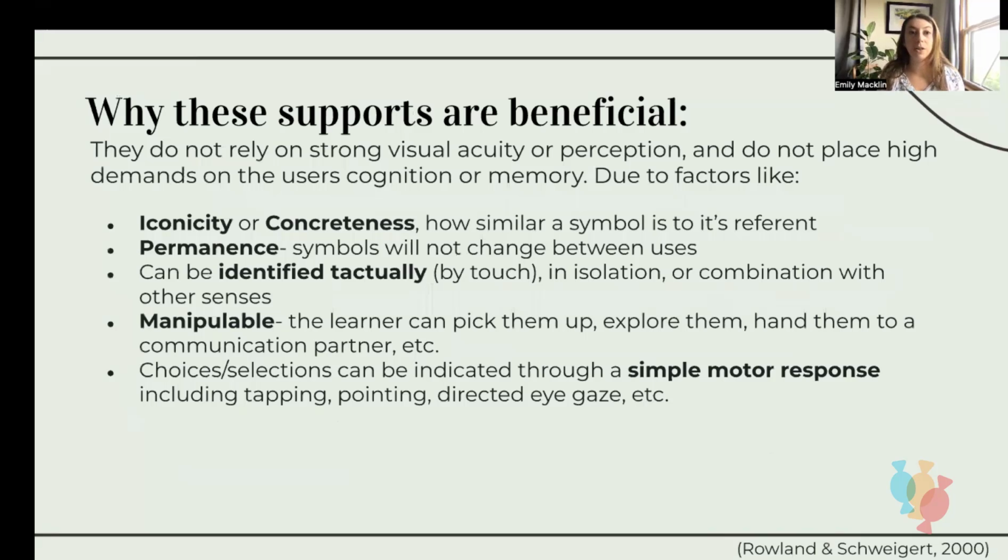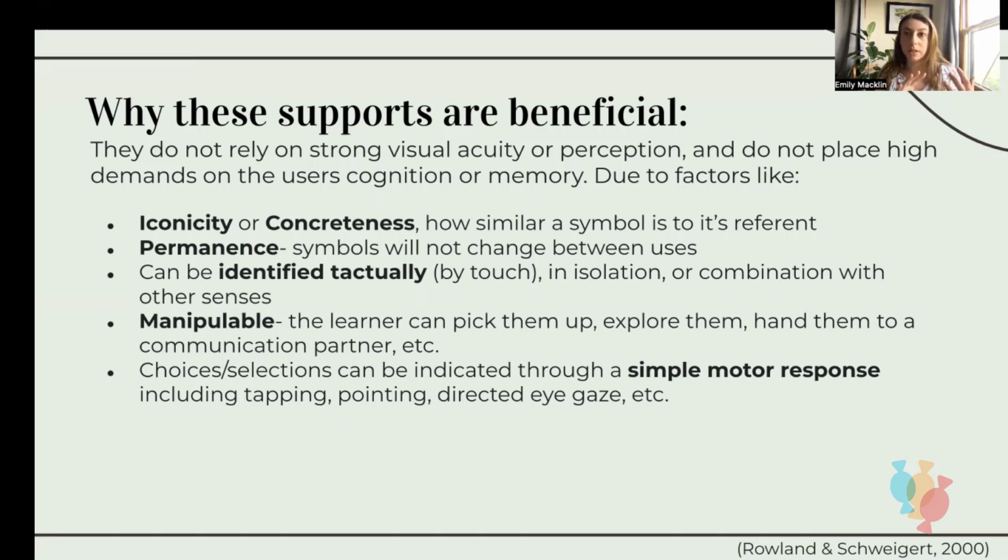Okay, and why are these supports beneficial? So they don't rely on strong visual acuity or perception, and they do not place high demands on cognition or memory. So Rowland and Schweigert in 2000 listed out these factors that remain true to this day. So the iconicity, or how concrete a symbol is, how similar it is to its referent, is a big part of tangible symbols. So the opposite of iconicity, or concreteness, being arbitrary.